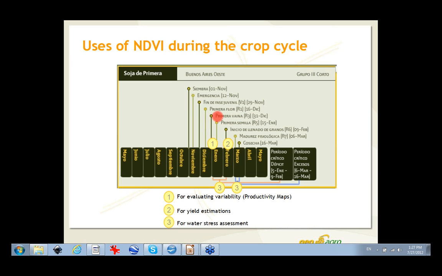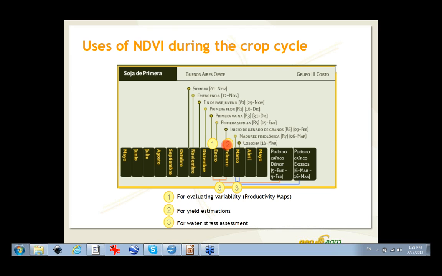This is what they use for evaluating variability within the fields, and we'll see that later on in the course. A product that's being generated is productivity maps, which is a combination of NDVI maps from the crop history.